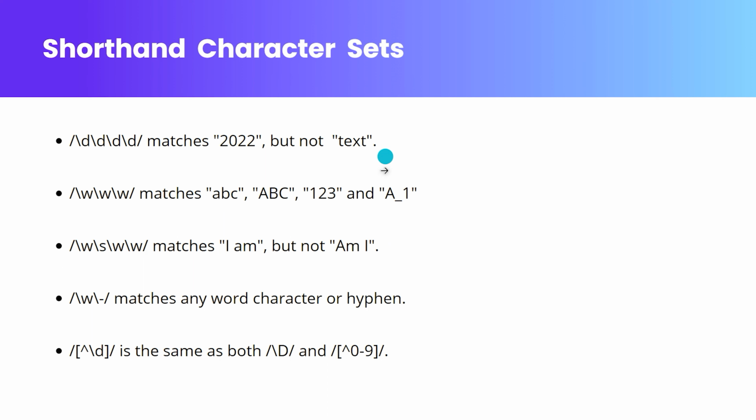Here we saw these examples, and you can see that inside a character set, negate backslash small d is used to represent numbers, but negate means not a number. So it's the same as backslash capital D or negated 0 dash 9.